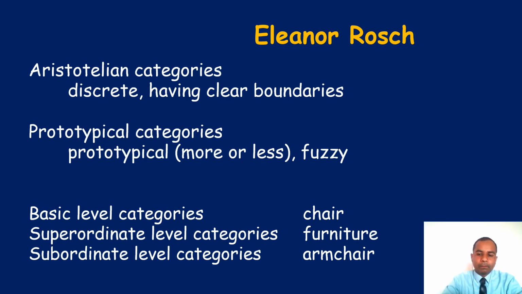Even some words are from basic level categories, and we use them frequently. So we are talking about basic word lists and other things. Most of these things belong to basic level categories, so they are very easy to learn compared to the subordinate level categories and superordinate level categories.